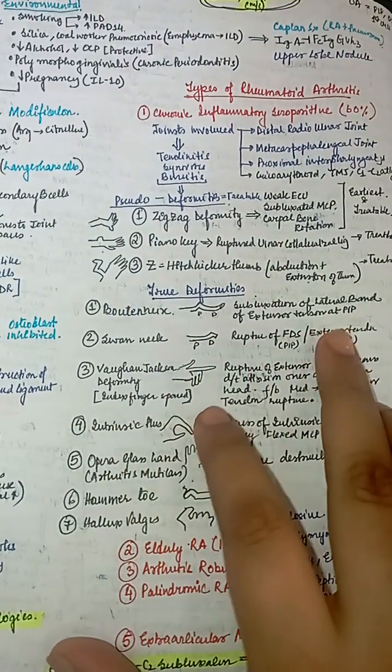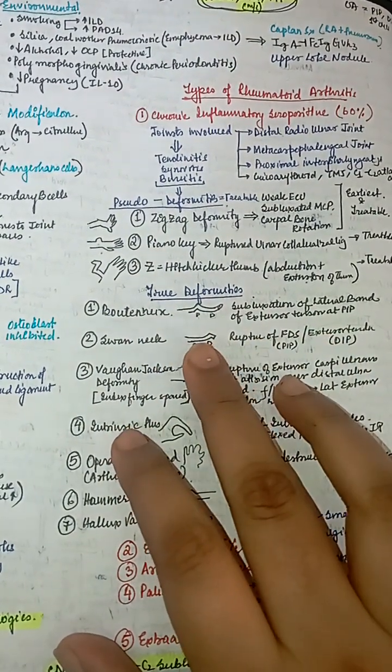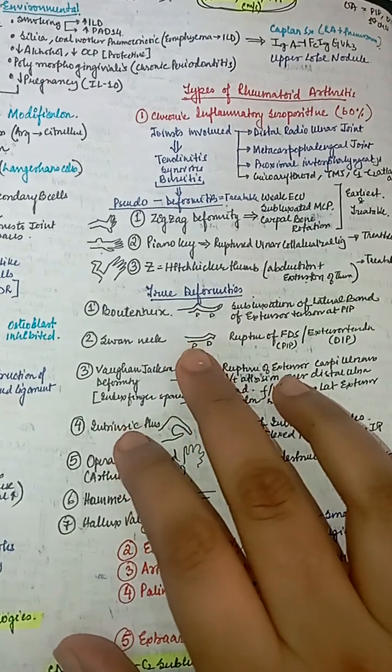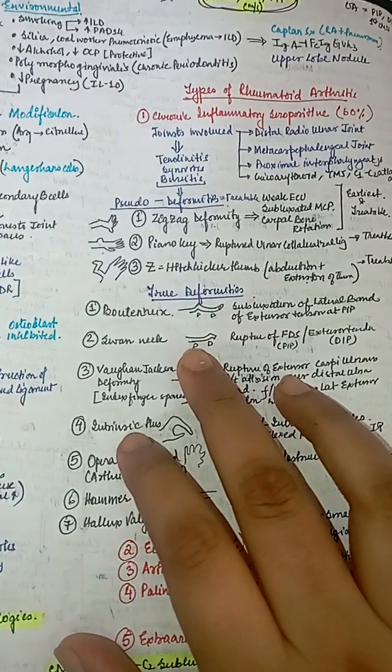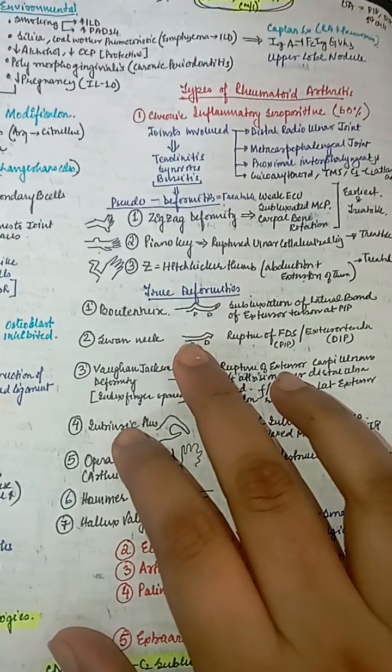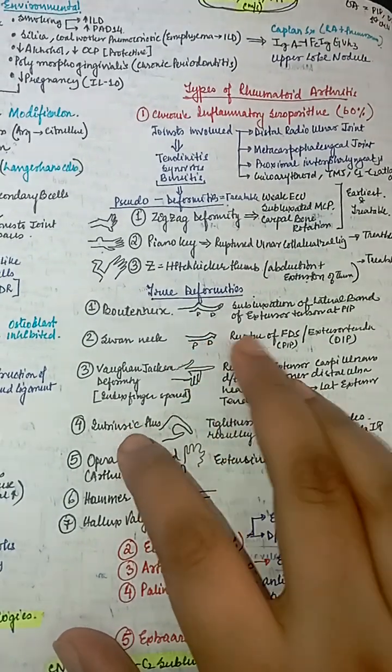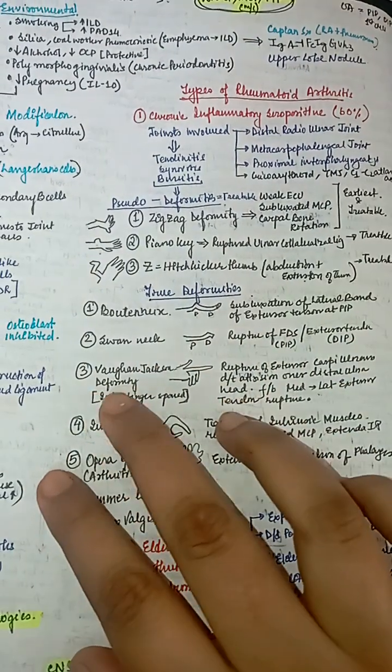Swan neck deformity is formed by the rupture of the FDS at the PIP joint and extensor tendon in the DIP joint.